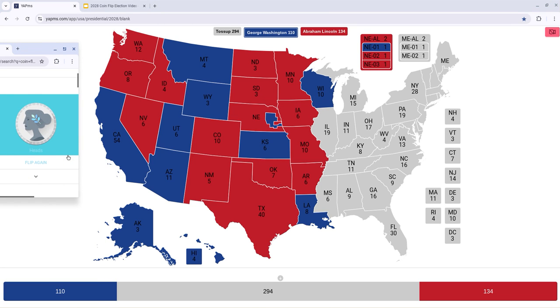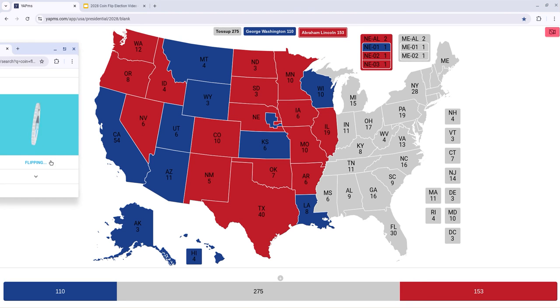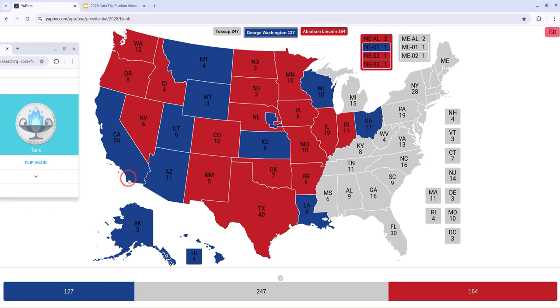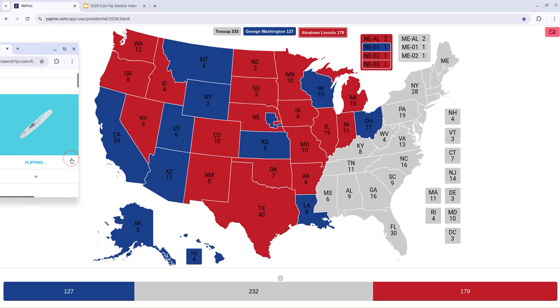Illinois with 19 going to Lincoln. Indiana with 11 going to Lincoln. Ohio with 17 going to Washington. Michigan with 15 going to Lincoln. Kentucky with 8 going to Lincoln. Tennessee with 11 going to Lincoln. Mississippi with 6 going to Lincoln.